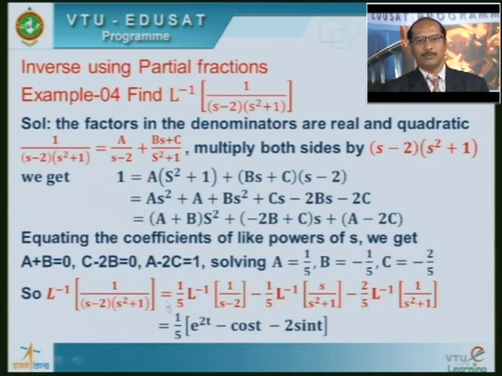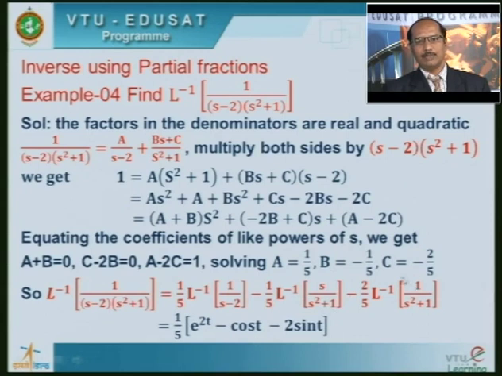So, we have written it into convenient known inverse transforms. All the three are known in the table of inverse Laplace transforms. The first one is direct, it is an exponential term: 1 upon s minus a, inverse of that is e raised to a t. So it is e raised to 2t, since the a value is 2. This is compared with the standard Laplace transform of cos t, that is s divided by s square plus 1, so the inverse is cos t.